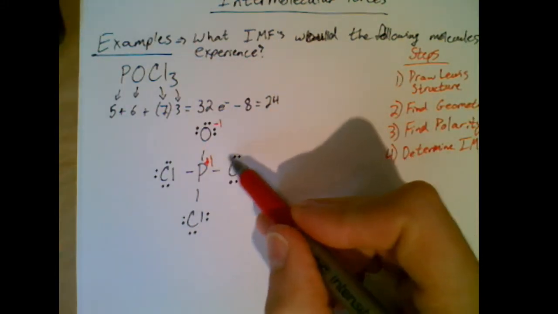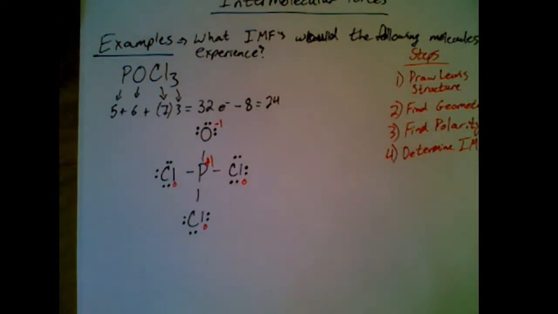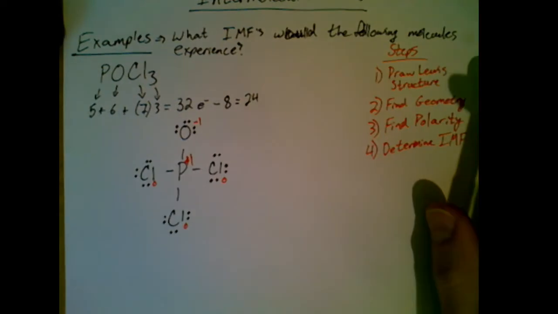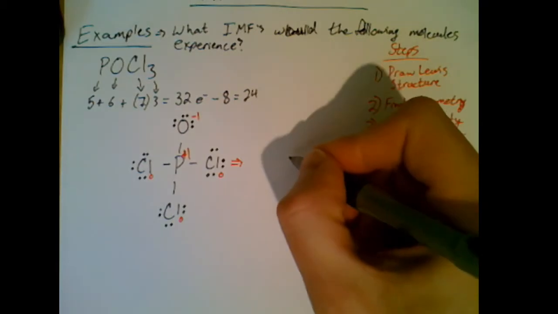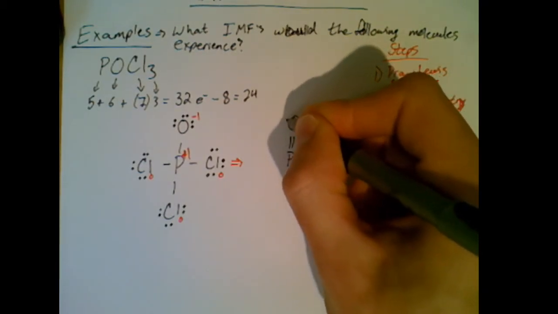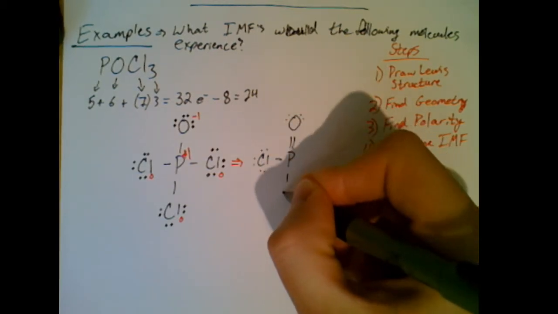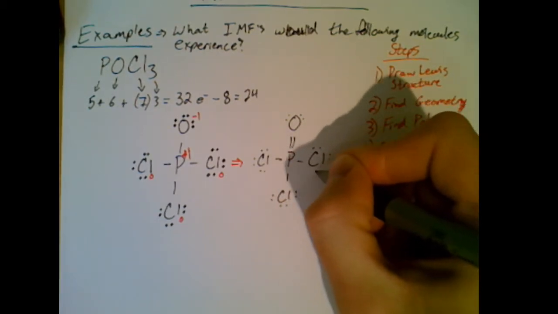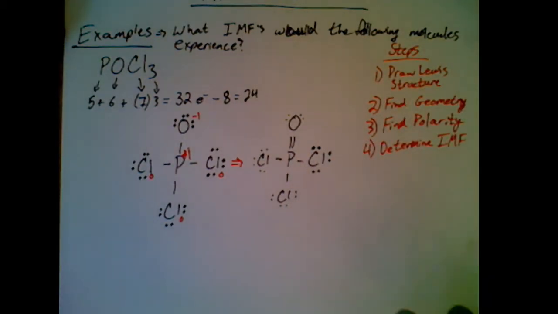And chlorine has 7 valence electrons and 7 dots and dashes, so they all have formal charges of 0. So our chlorines are happy in this structure, but the phosphorus needs another electron and the oxygen needs to move 1 electron. So what do we end up doing? We form a double bond. Phosphorus is double bonded to oxygen, and then it has the chlorines surrounding it like this. There we go, that's our structure for POCl3.